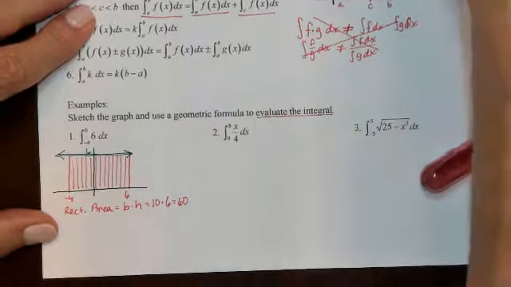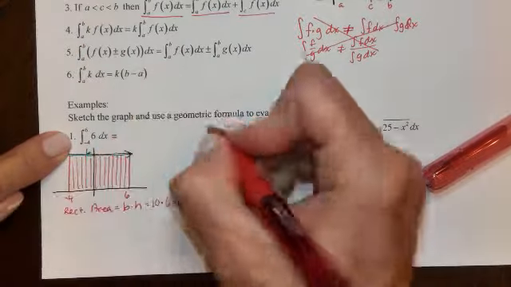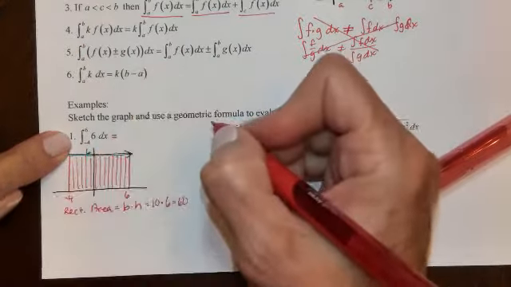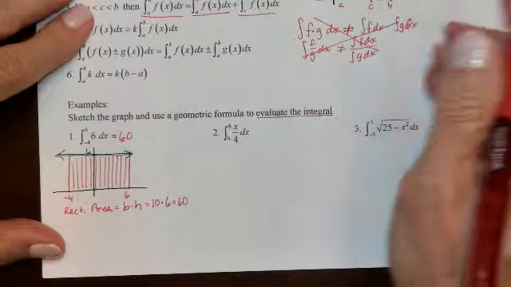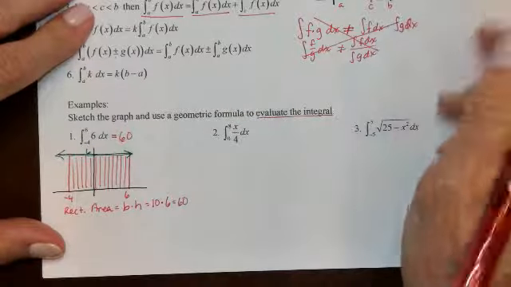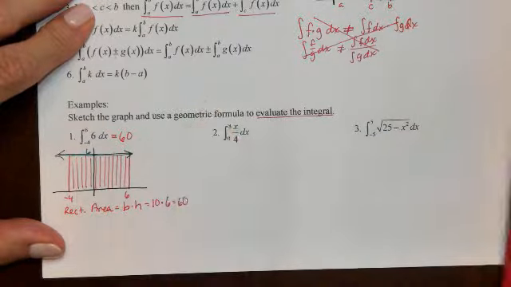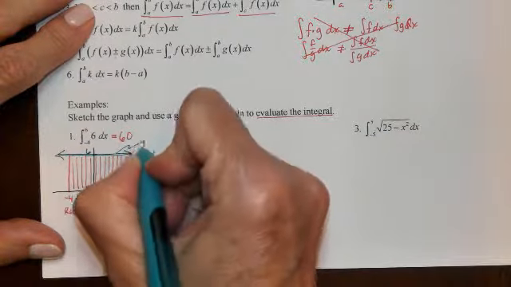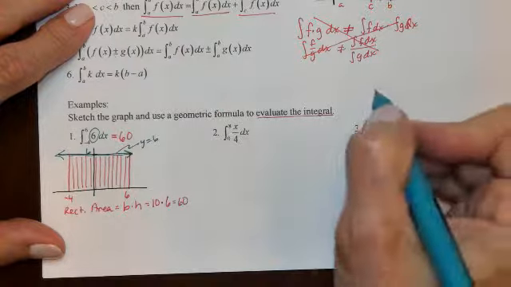So for my answer, I'm going to come up here to my integral and say that is equal to, it's not approximately equal to anymore, it is equal to 60. Okay? Now let's look at this function. So again, by the way, this was the curve y equals 6. So we're graphing y equals f of x.